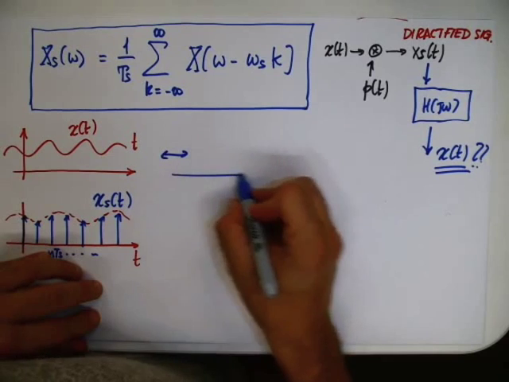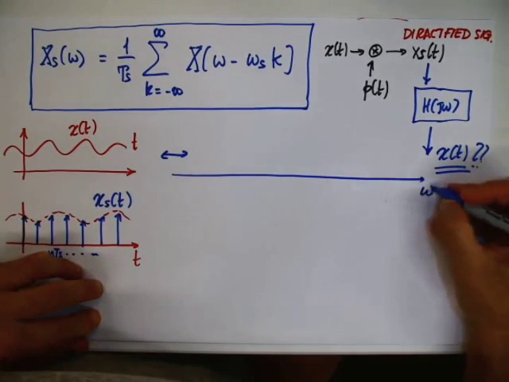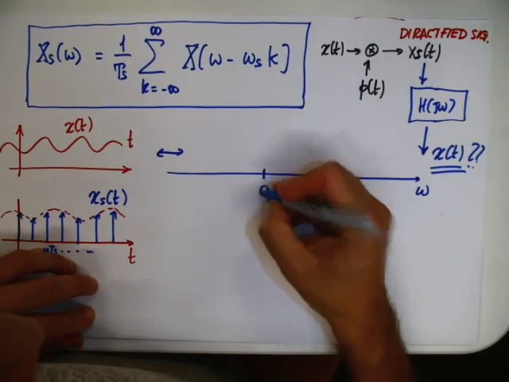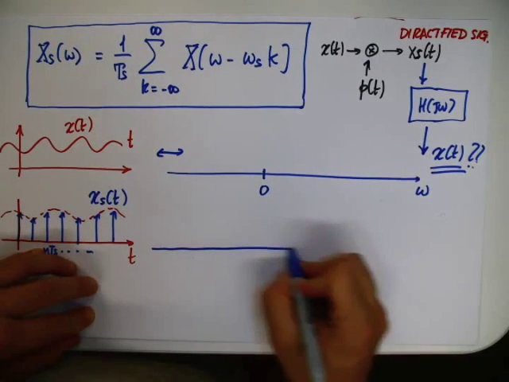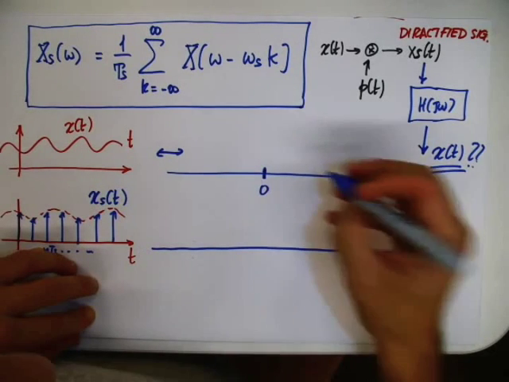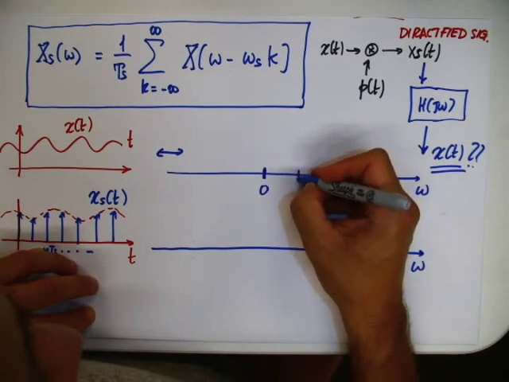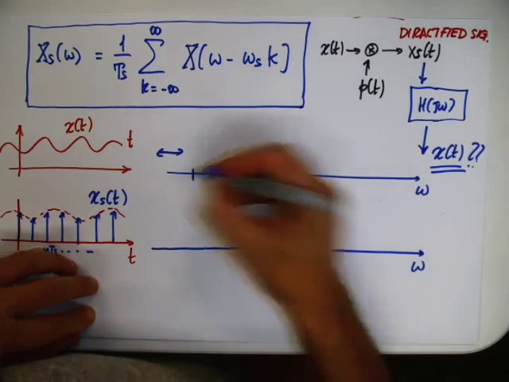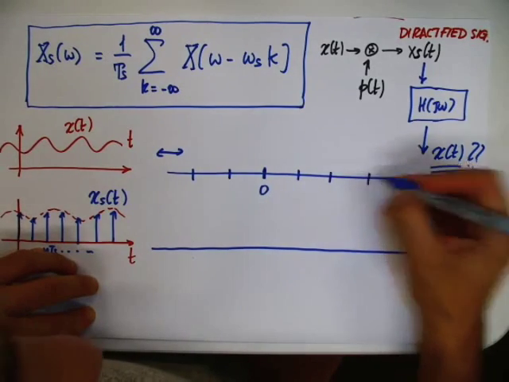So here I have the domain omega. Here I have 0. Now let's try to understand omega, and let's mark every omega s.